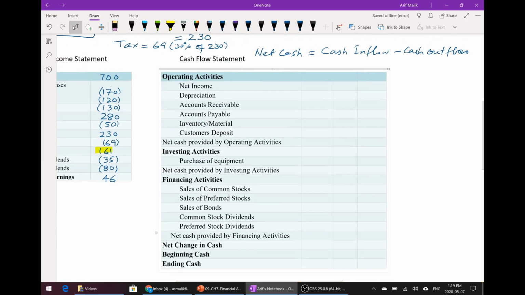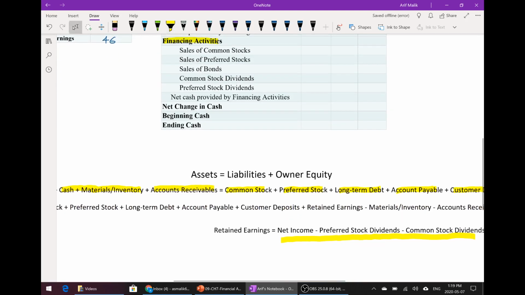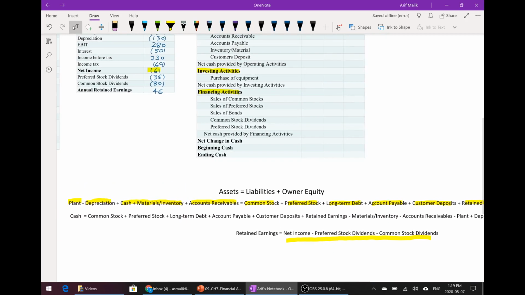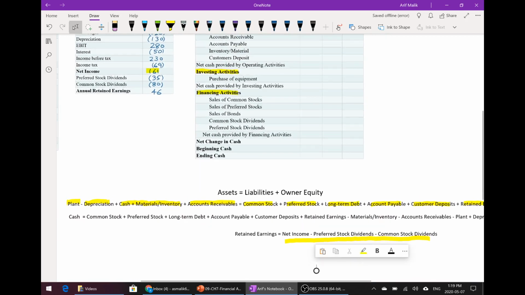They present the cash flow statement under 3 activities: operating activities, investing activities, and financing activities.